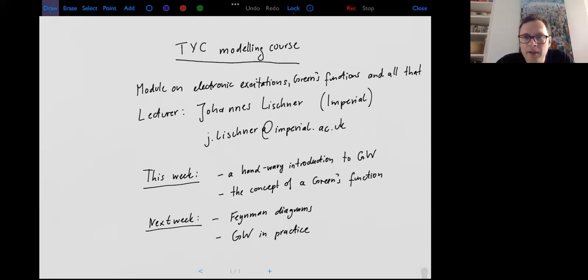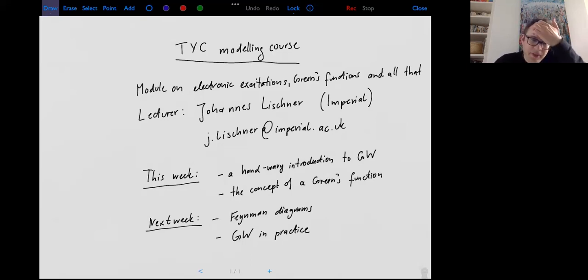The module will be this week and next week. This week we'll start with a less rigorous and more hand-wavy introduction to GW. Then once we understand the motivation a little bit, we'll go to the basics and see if we can derive this method from a first principles starting point.